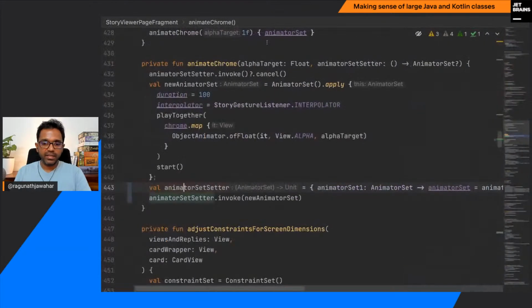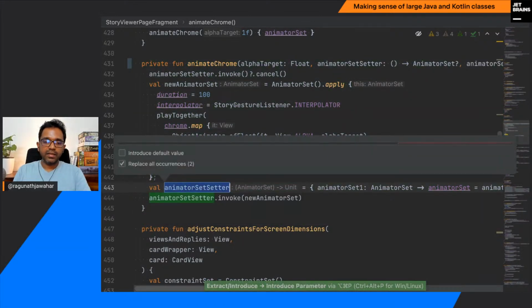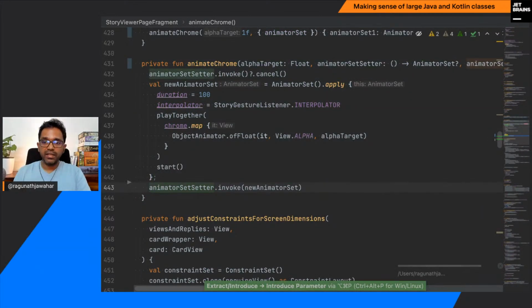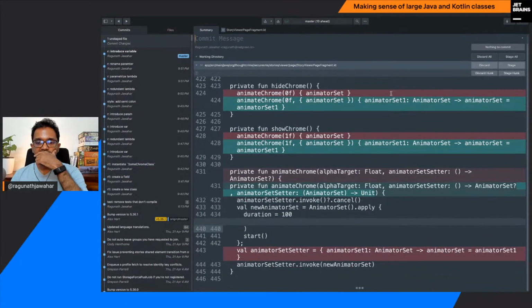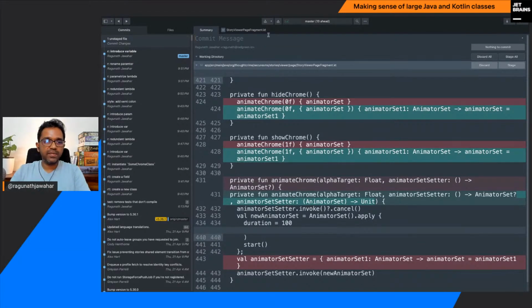Then you go back, and now you could do an introduce parameter. That is a lot more interesting, right? Now you have a setter that is being passed on, and we have broken the dependency on this one. So you say introduce parameter.